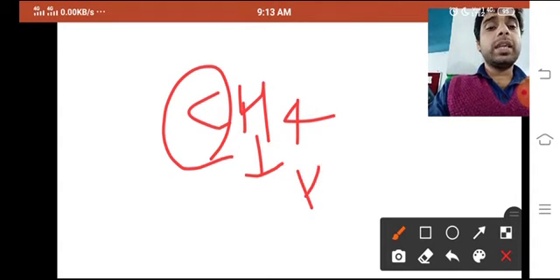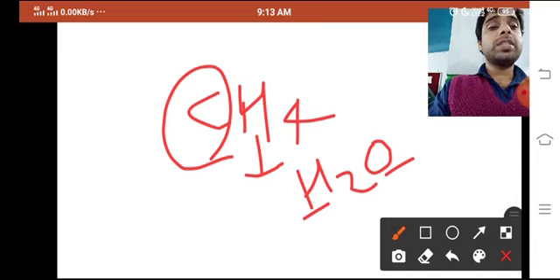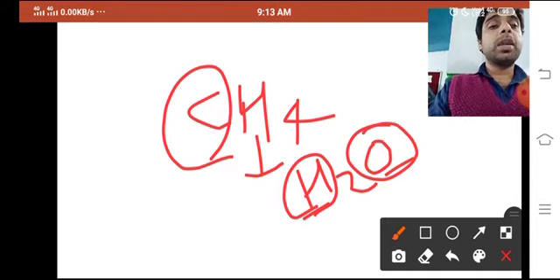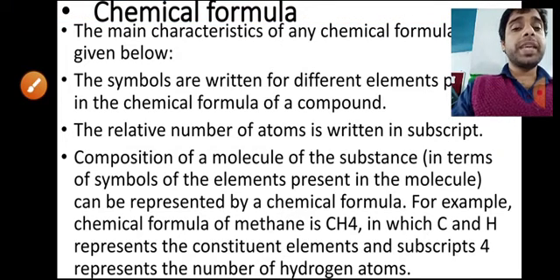In water, two hydrogen and one oxygen are there. So the composition of hydrogen and oxygen in water is written with the element symbols and the subscripts. Here is the example given.